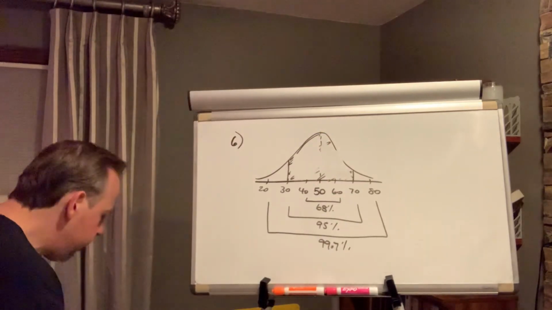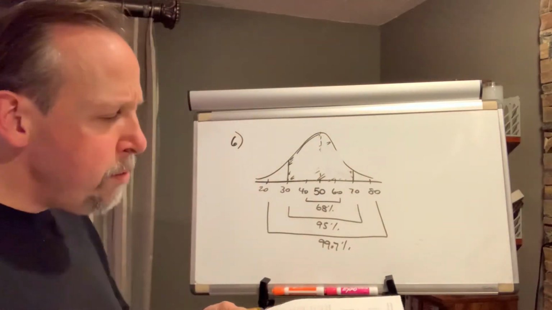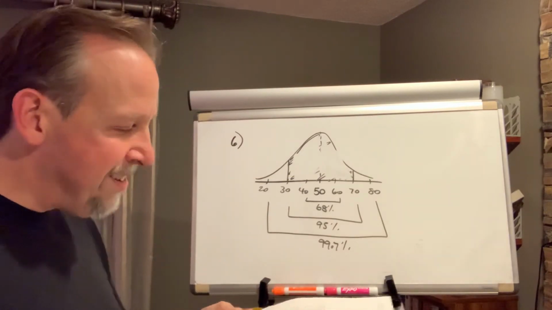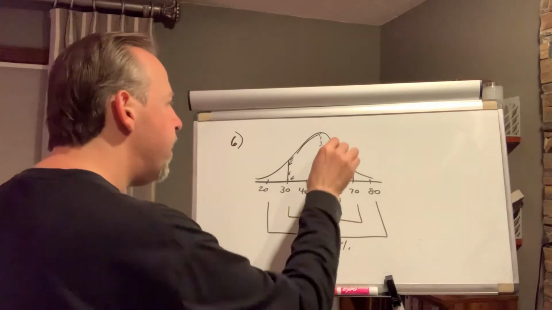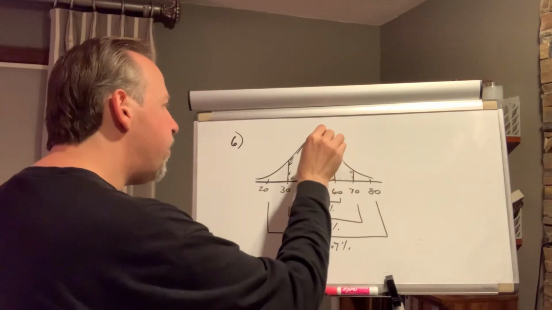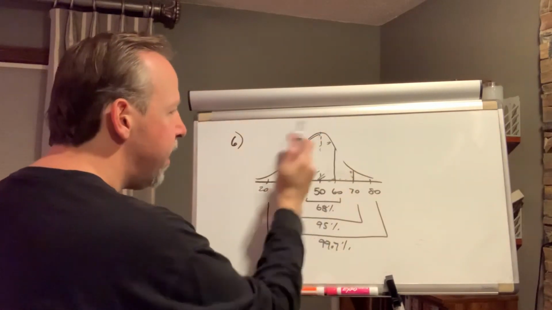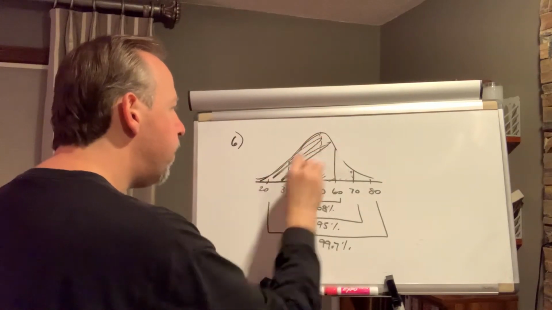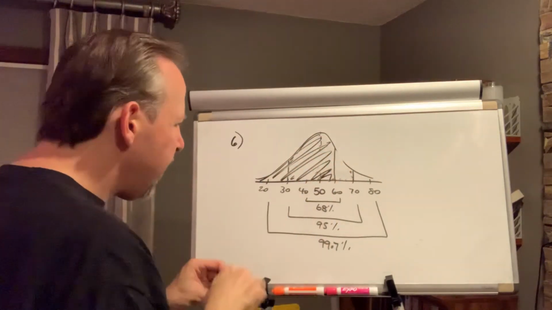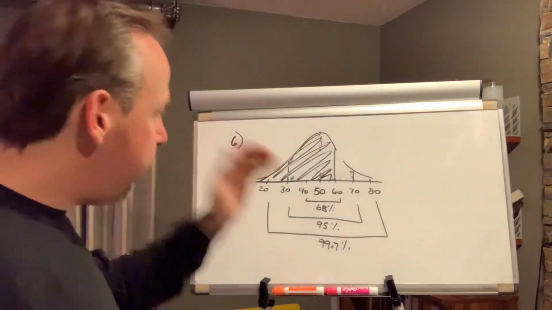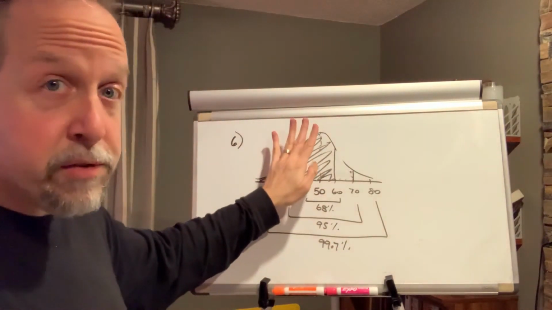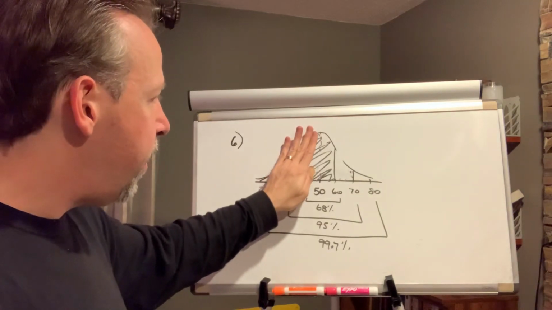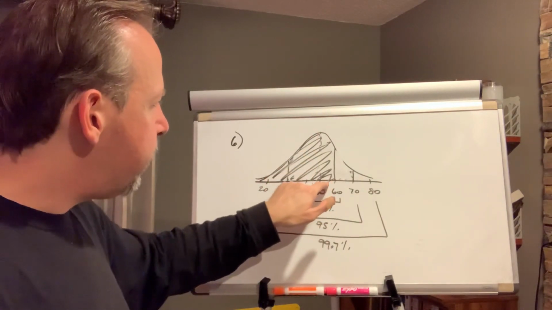Answer choice B says 2/3 of the data, approximately, is less than 60. Well, here's where 60 is. Now, is this 2/3 over here? Well, let's see. I know that to the left of 50 is half of everything, right? So there's 50% right there. So how much is this?